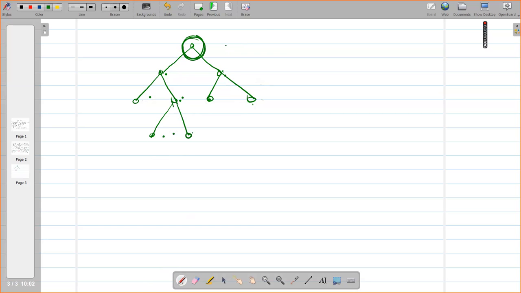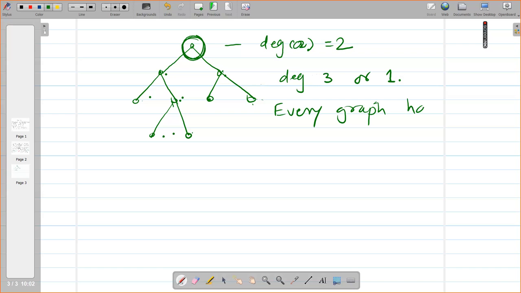And see, there is one vertex whose degree is 2. One vertex, उसके degree 2 है. And बाकियों की degree क्या है? बाकियों की degree is either 3 or 1. And we have seen a theorem in the first chapter that every graph has an even number of odd degree vertices.